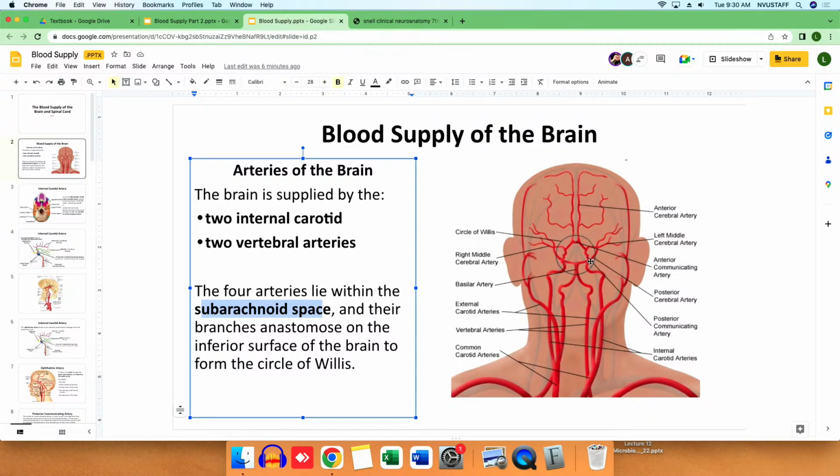Why? Because it means that we have the blood supply towards particular branches from both of the sources, and that's important for the maintenance of the blood supply towards the brain.